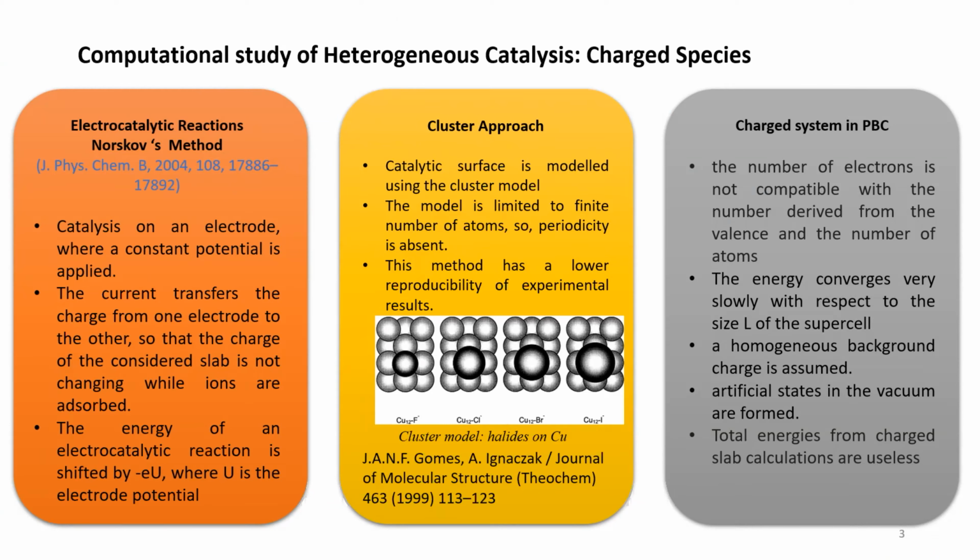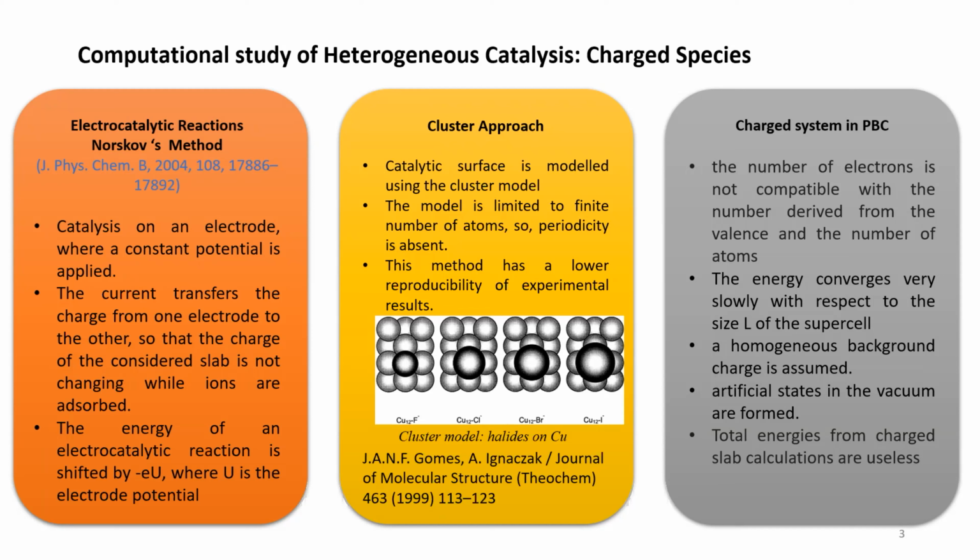One separate class is the electrocatalytic reaction, in which a constant potential is applied. The current transfers the charge from one electrode to the other, so the charge of the considered slab is not changing during the process.